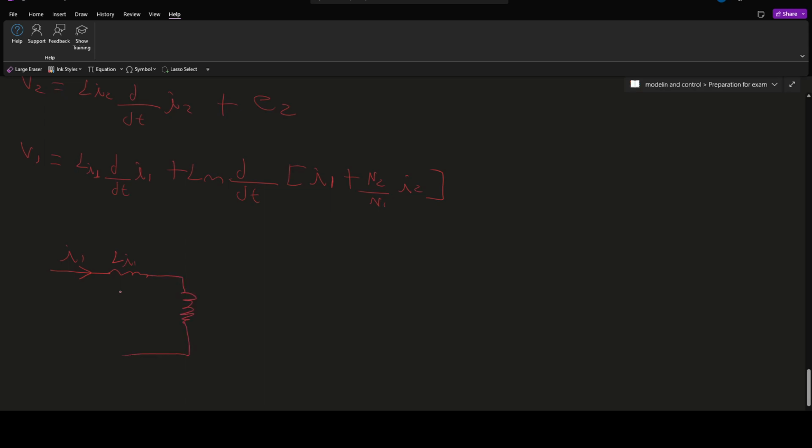We have our magnetizing inductance. We know we have our I2, that when they go through LM, they sum up. So this is I2 over I1. We know we have our coil that is producing the EMF. Okay, then we know that this coil is N1.